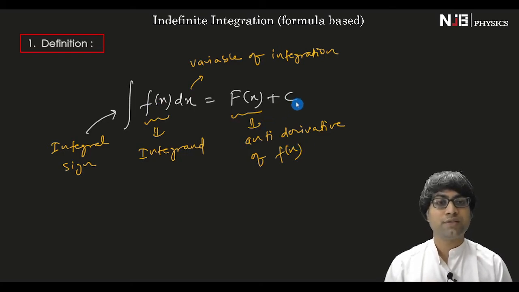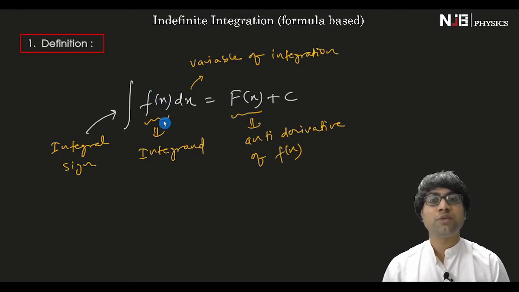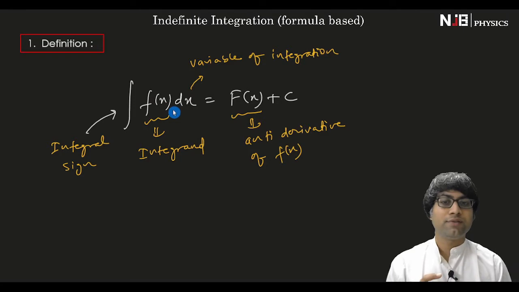And why is this constant over here? Well, that is because if you look at the RHS and try to differentiate it, the differentiation of this constant is going to be 0, and therefore there will be many functions on the RHS whose derivative is going to be small f of x. So we can memorize it that if we differentiate a function, we get only one function as its derivative.